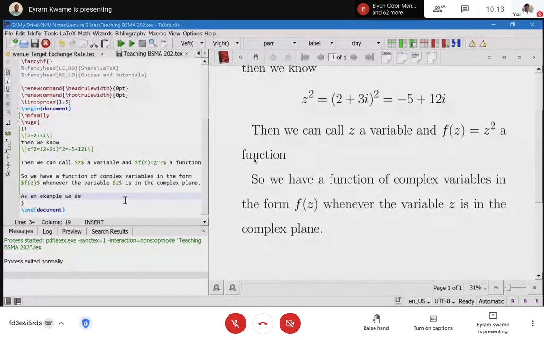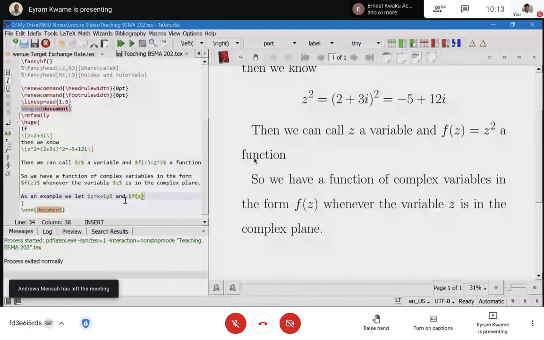We let z be equal to x plus iy, and f of z is equal to z squared.